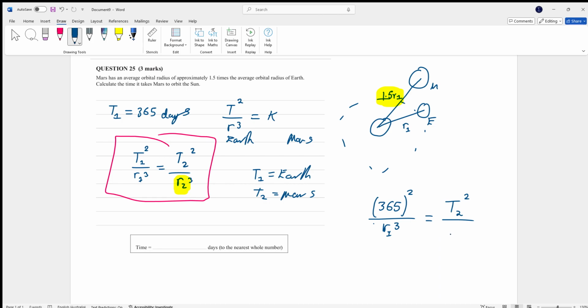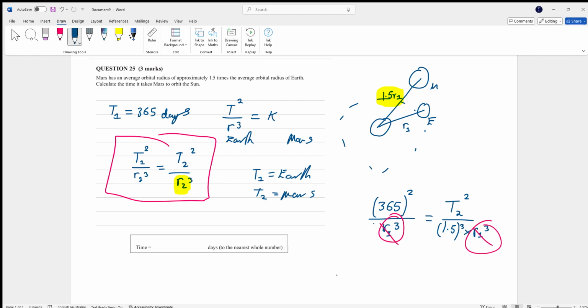And here, this is where everything changes. The distance from Mars to the Sun is 1.5 R1 all cubed. If we apply that cubed, we have 1.5 cubed times R1 cubed. Because we have it on both sides of the equation, on the denominator, we can cancel them out.